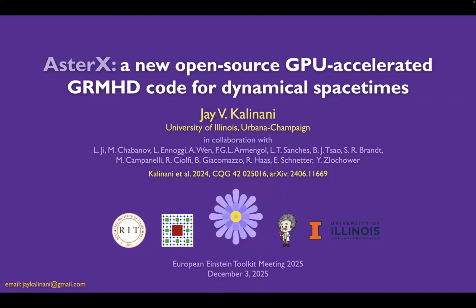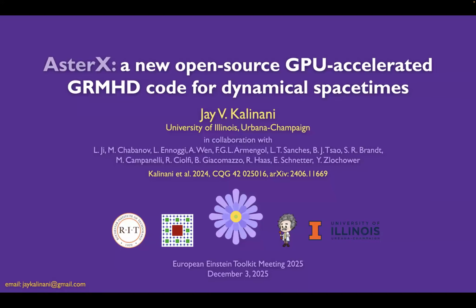Especially the main developers are Li Weiji, Mikhail Shabanov, Lorenzo Noggi, Alan Wen, and other contributors like Federico Armengol, Lucas, Johnny Stau, and then of course Steve, Manuela, Ricardo, Bruno Giacomazzo, Roland, Eric Schneider, as well as Joseph. We also have a paper out on AsterX, and here is the link to arXiv. If you have any questions in the future, please feel free to contact me on my email here.